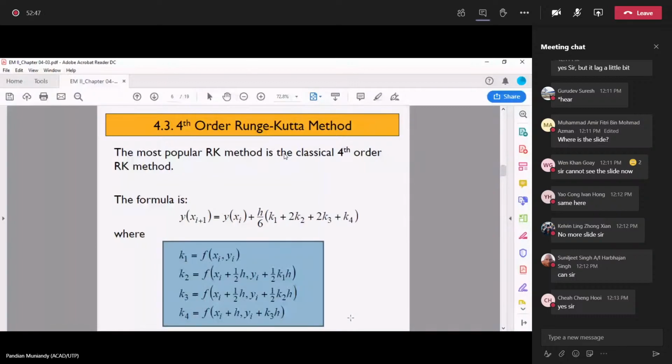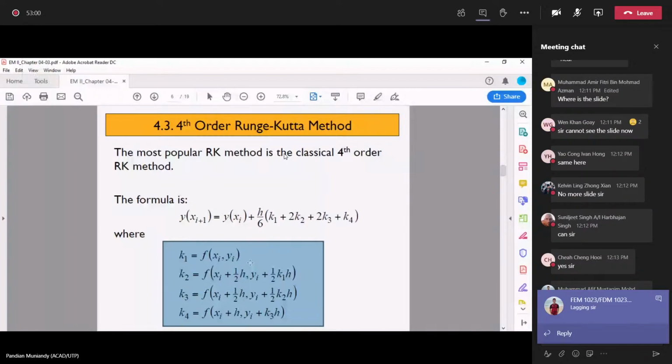If it's not given, you can refer to any reference book. But stick to one formula only because there are many styles of writing. So you stick to one, then when we check and the output is wrong, then no point. So that is very important.